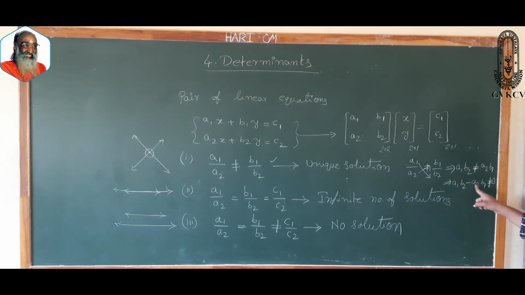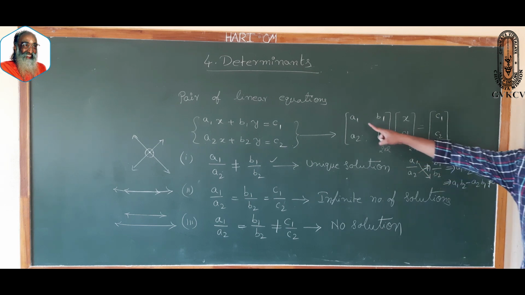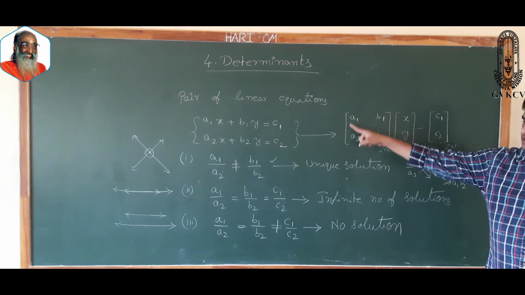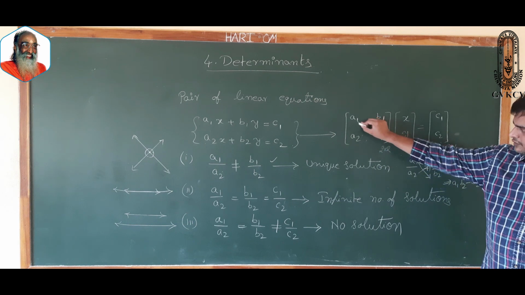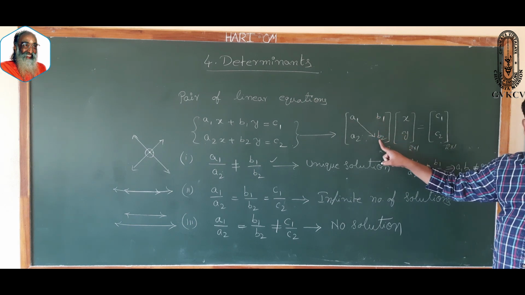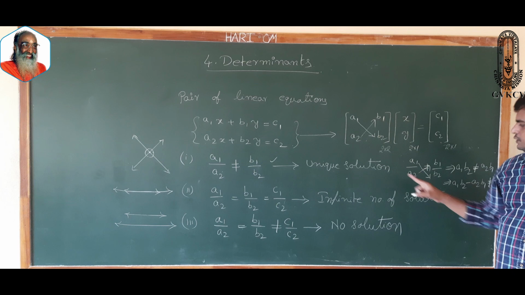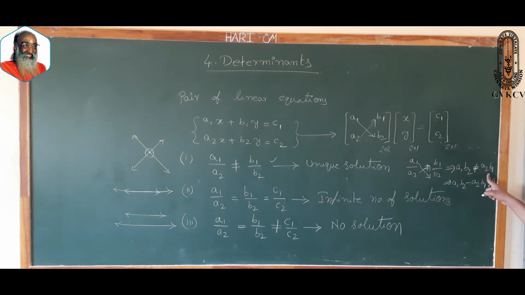Here a1, b1, a2, b2 are our constants. By transposition, a1 b2 minus a2 b1 is not equal to 0, which means it is a constant, and this constant is not equal to 0.